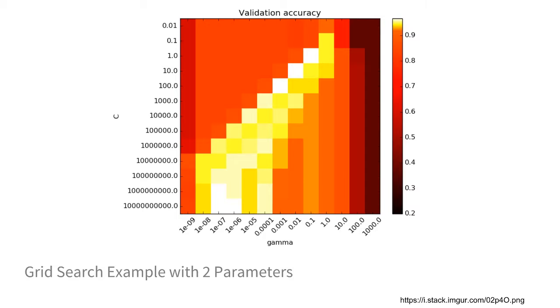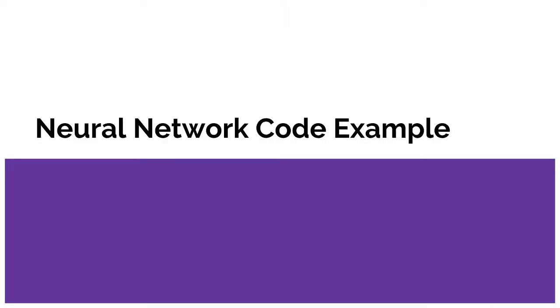As you can see here, they found that the best validation accuracy was at about 0.01 gamma and about 10 c. It doesn't really matter what these parameters mean. It just goes to show you this is how we can find the best set of parameters by just running the model with a lot of different parameters.